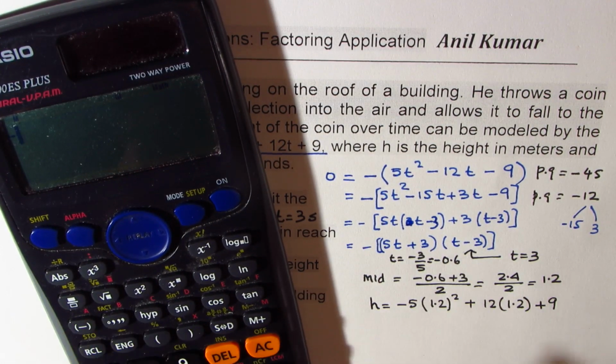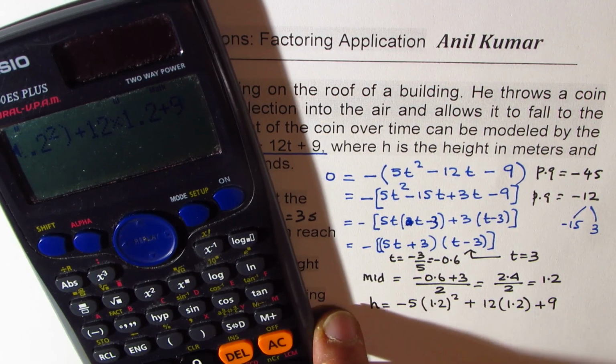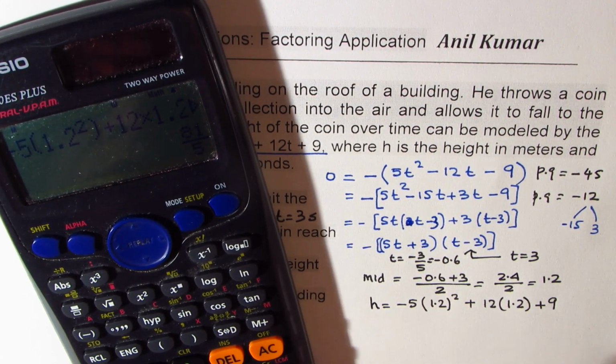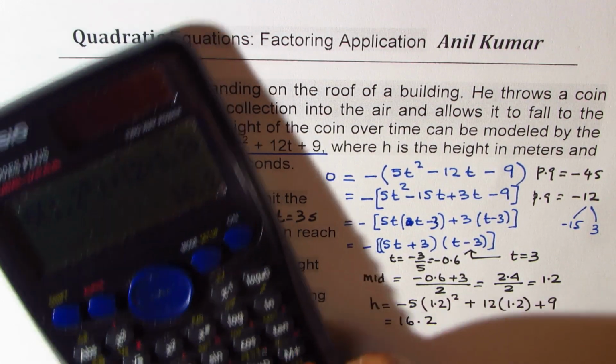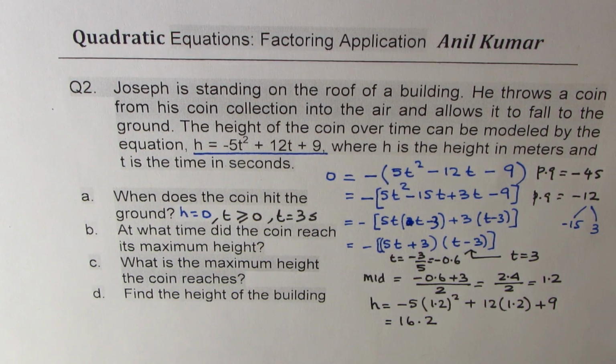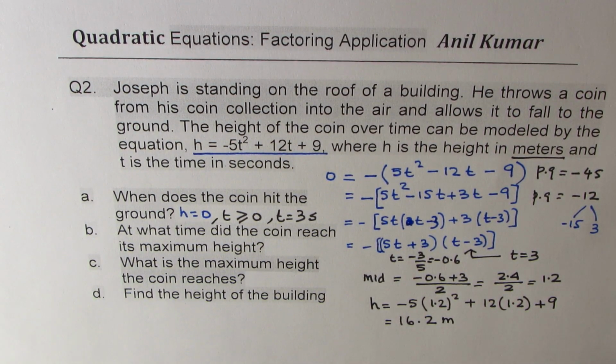So we have negative 5 times 1.2 square plus 12 times 1.2 plus 9. It's better to substitute these values in the original equation itself. The decimal equivalent value is 16.2 and the units are in meters, since the height is given in meters. Do you see that part? So that is how we find it.